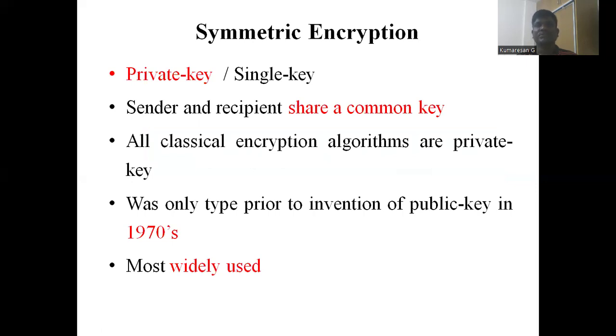There are two types of encryption: symmetric key encryption and asymmetric encryption. In symmetric encryption, we use the same key on both the sender side and the receiver side. In asymmetric encryption, we use different keys on the sender side and the receiver side.